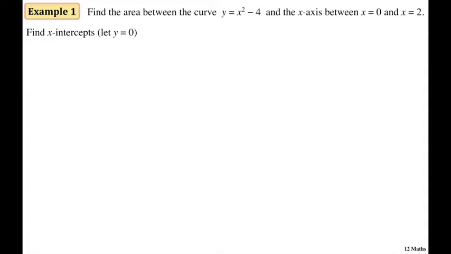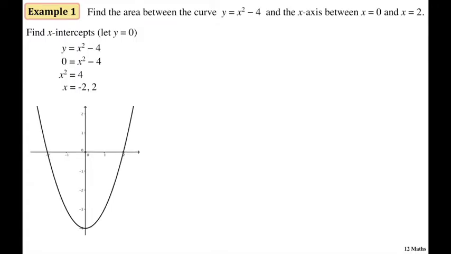So our curve is y equals x squared take 4. To find x-intercepts, we let y equal 0. So ultimately we end up with this. y is equal to x squared take 4, let y be 0. Plus 4 to both sides, you get x squared equals 4, so x is going to equal positive or negative 2. So this graph touches the x-axis in 2 spots.